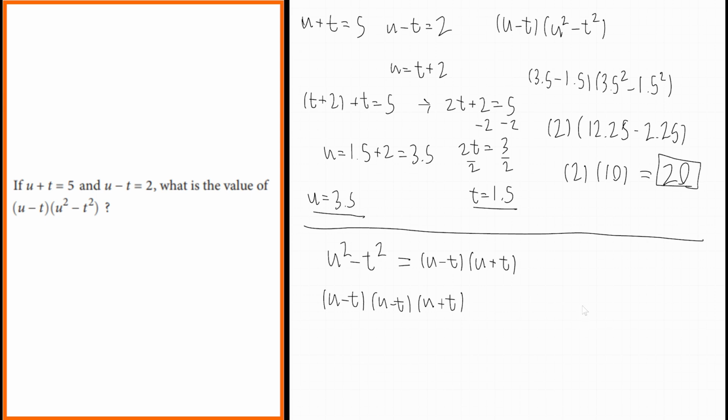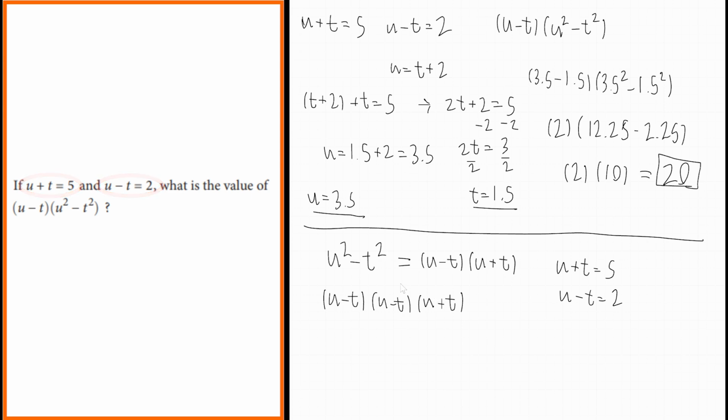And so the term that we're looking for is equal to u minus t times u minus t times u plus t. But if you remember, the problem already tells us that u plus t equals 5 and u minus t equals 2. So the problem already gives us the values of these terms from the beginning.